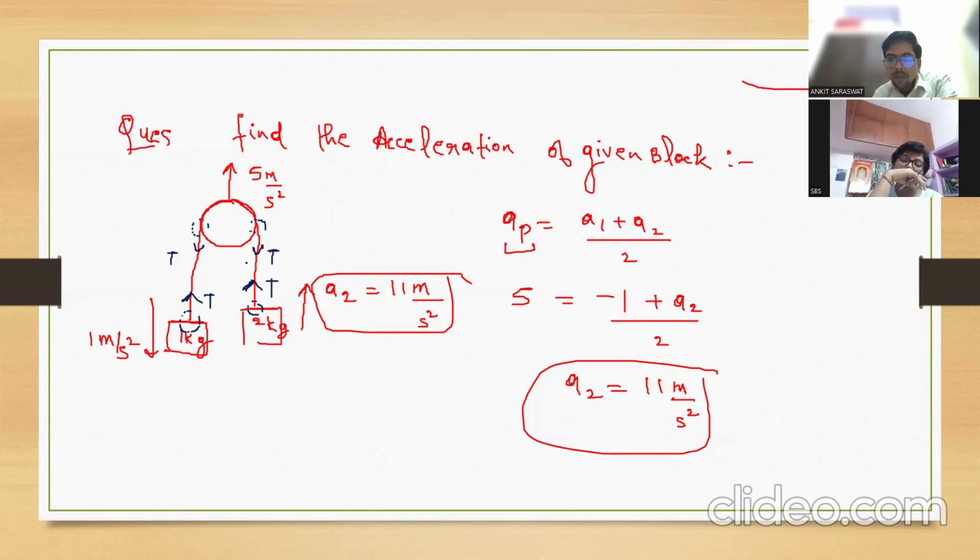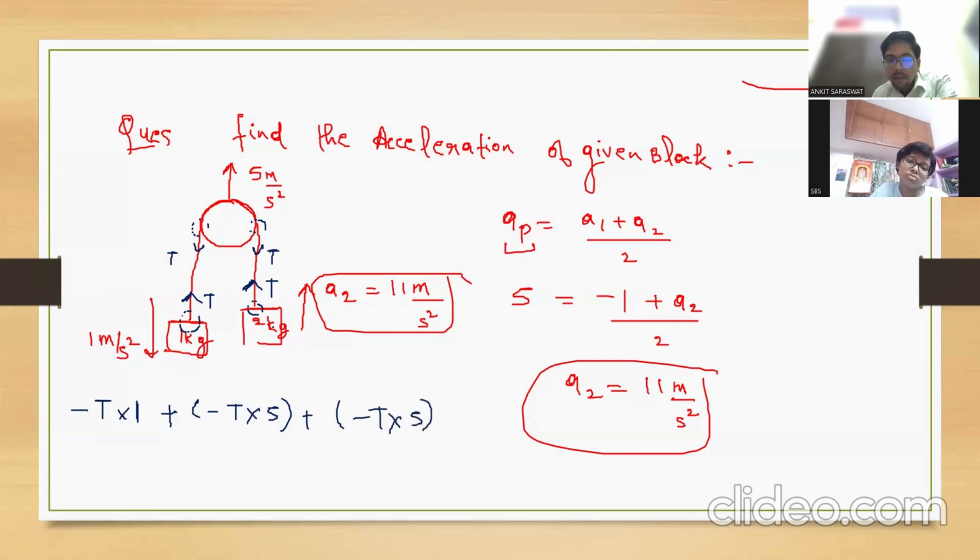Okay, now check. Apply the concept. Here, work done how much? Force into displacement. Opposite. Clear? Plus. Force into displacement up. Again it is minus T into 5. Again minus T into 5.